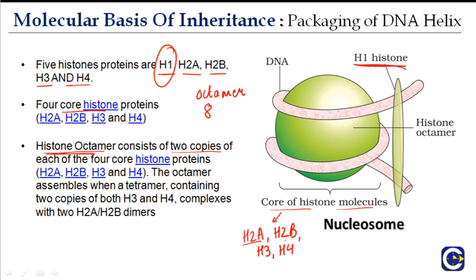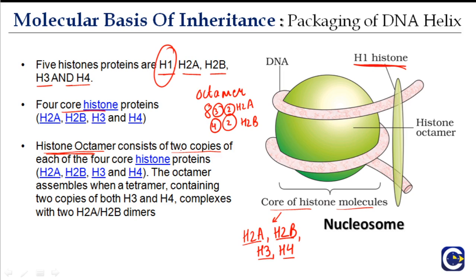These are 4: H2A, H2B, H3 and H4. Because they are H2A and H2B, they are generally present as a dimer. Then there is H3 and H4, 2 each.